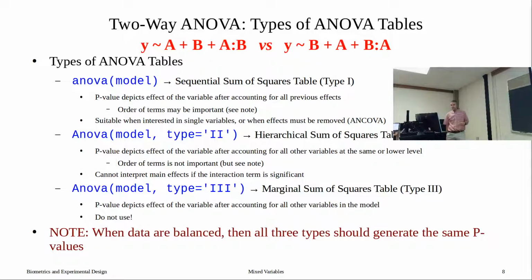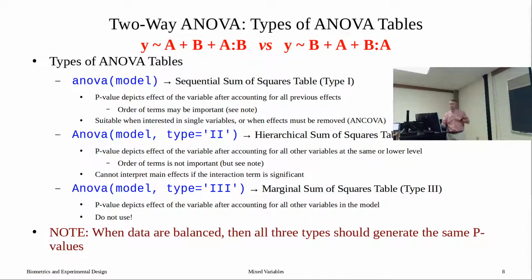All right. So the base package that has this lowercase anova does a sequential sum of squares. And what that means is that it's going to start with the first term in your model and calculate its p-value, or calculate its effect. And then it looks at the second one and calculates its effect after we've already accounted for the first.